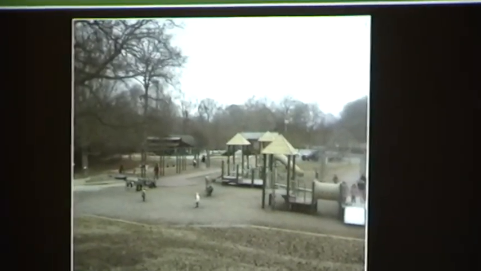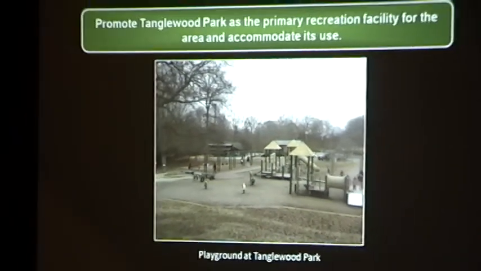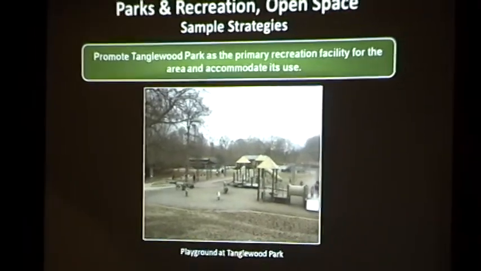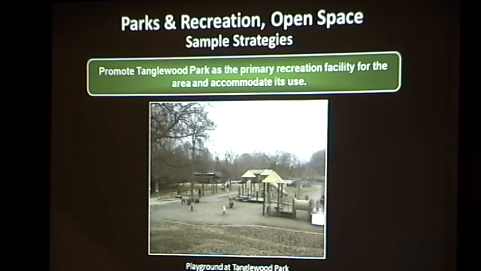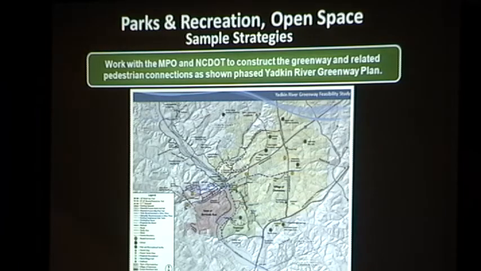So the first sample strategy is to promote Tanglewood Park as the primary recreation facility for the area and accommodate its use. And this is an initial step, just to make people aware of it, let them know it's there, make it easier for them to get to with sidewalks over the bridge and bike lanes over the bridge to actually get to Tanglewood Park to make use of it. And I don't know if all of you have seen it, but there was a Yadkin River Greenway feasibility study that was done last year by Susan Hatchell Landscape Architecture.